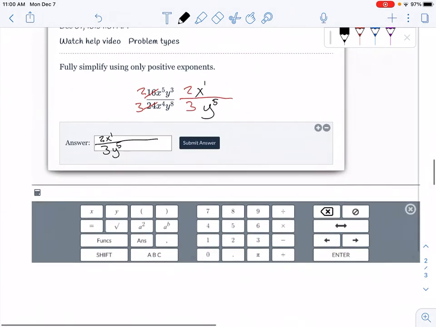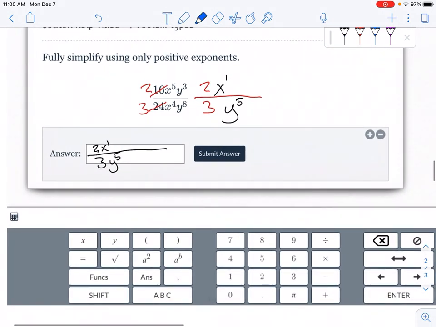So again, here's how I would have hit those numbers in the calculator or on the keyboard for the answer. 2x, you don't really need to raise it to the 1st, but if you want to, you'd say to the 1st power. Then you're going to say divided by to get your fraction line, and then you'd say 3y raised to the 5th power.